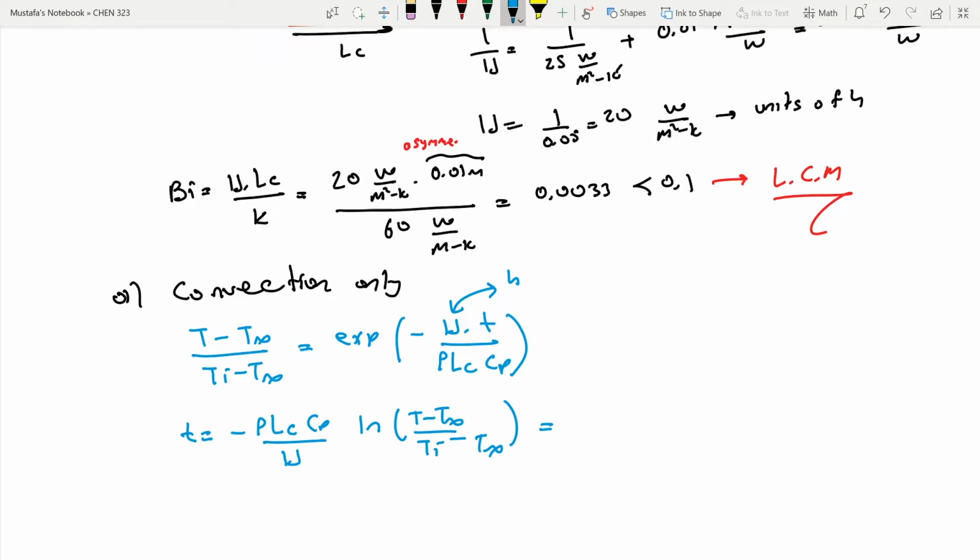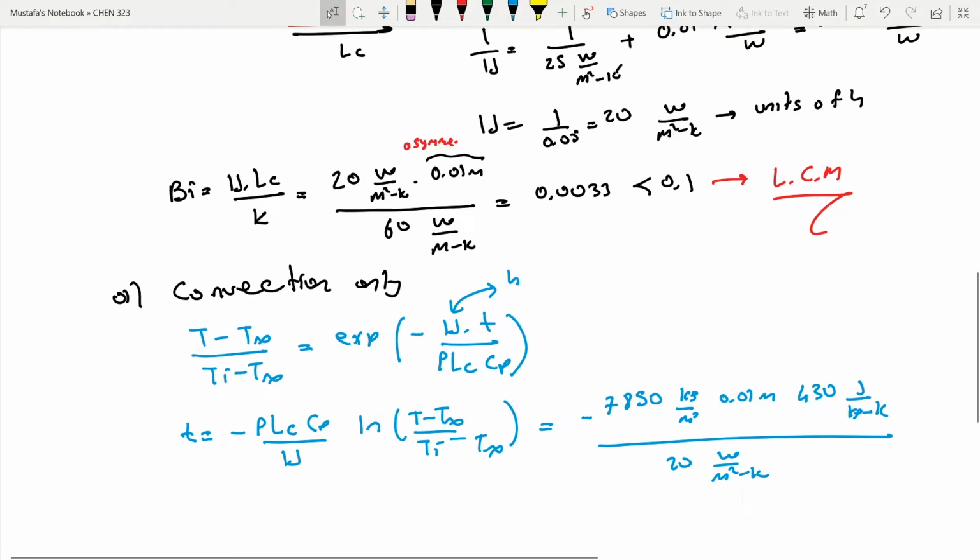So everything here is a number, so we'll just substitute. The density is 1780, again kilogram per meter cube. The L_c is 0.01 meter. c_p is 430 joule per kilogram per Kelvin. U is 20 watt per meter square Kelvin.